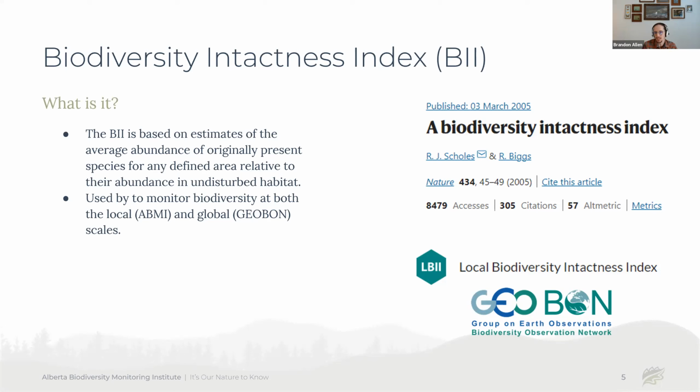So it's really just saying, how many alder flycatchers were in this forest under natural conditions, and then how many would be there if it became disturbed, if we put a parking lot in that forest, if we put a harvest area in that location as well. So it's quite a simple index.